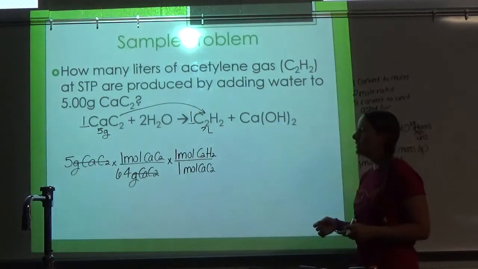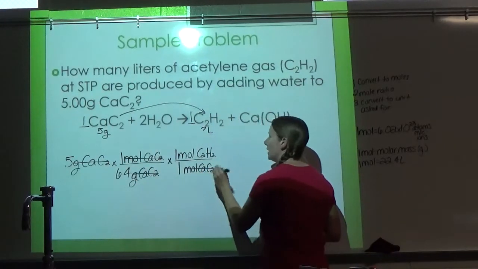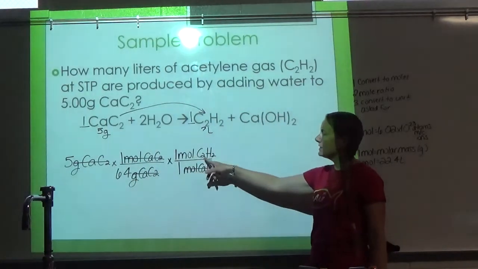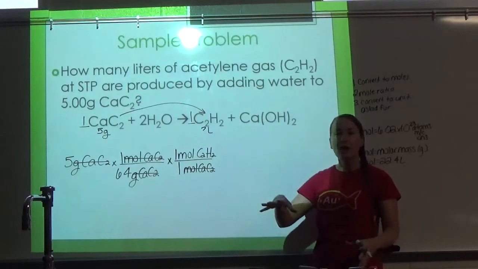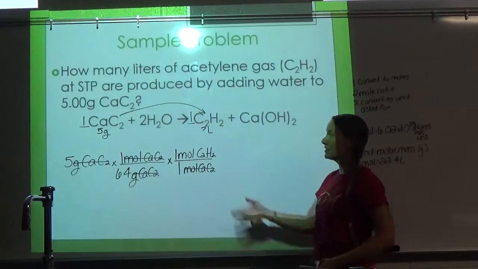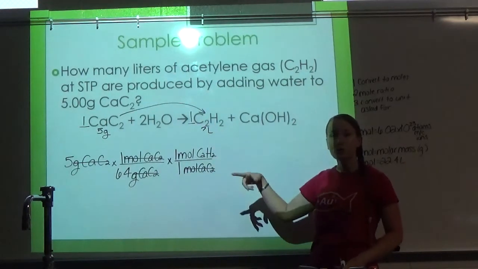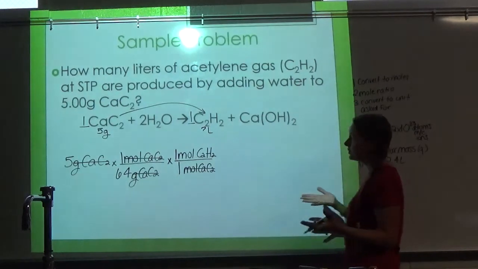Now moles of CaC2 cancel, and I have moles of C2H2. I've gotten rid of CaC2, so I'm getting closer to my answer, because I want liters of C2H2. I've made it to C2H2, now I just have to make it to liters.